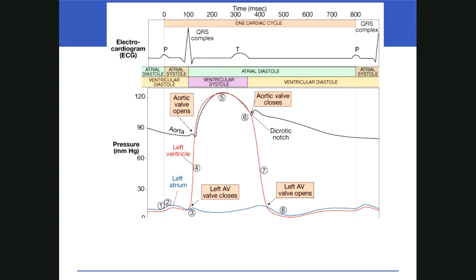And then the third line is this one, which is the pressure in the aorta. So remember, the aorta is the large artery that comes off of the left ventricle. And so what happens is, as blood gets pushed into the aorta, the pressure is going to go up. So when the ventricle pushes blood into the aorta, it goes up.